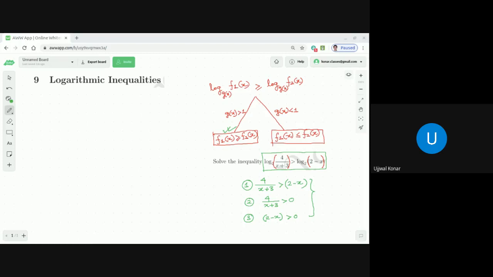For example, first I'm going to discuss the elementary logarithmic inequalities. Let me first bring this point and then let's discuss.